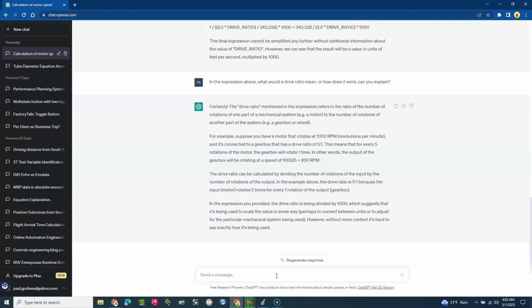So in this case, certainly, drive ratio mentioned above refers to the ratio of the number of rotations of one part of a mechanical system to the number of rotations of another part of the system. So in this particular case, we have two cylinders, and they need to be geared, and they need to drive at certain speeds.